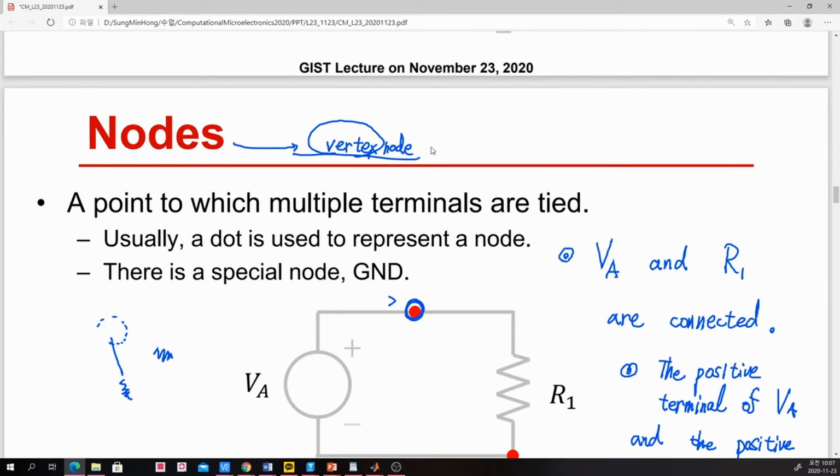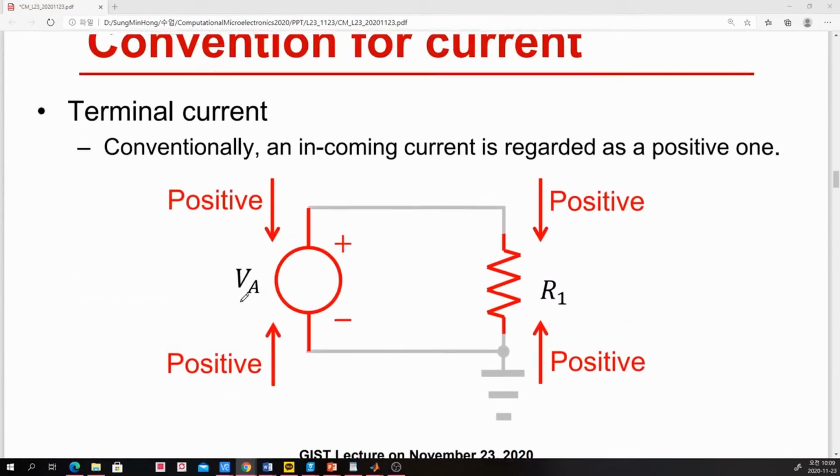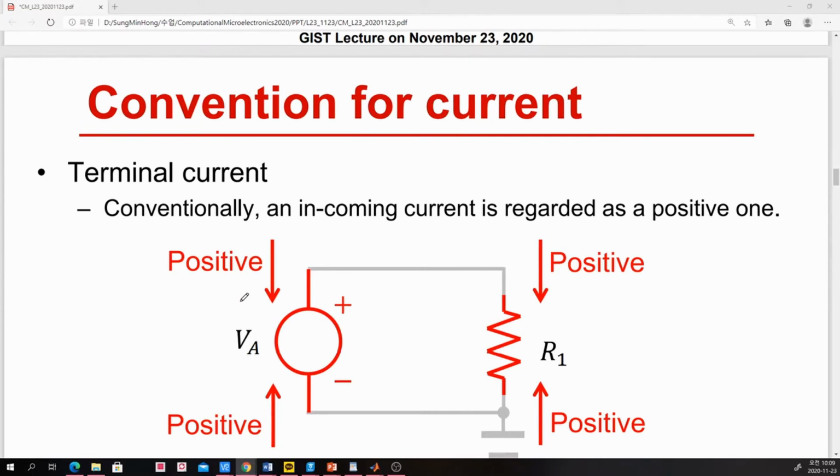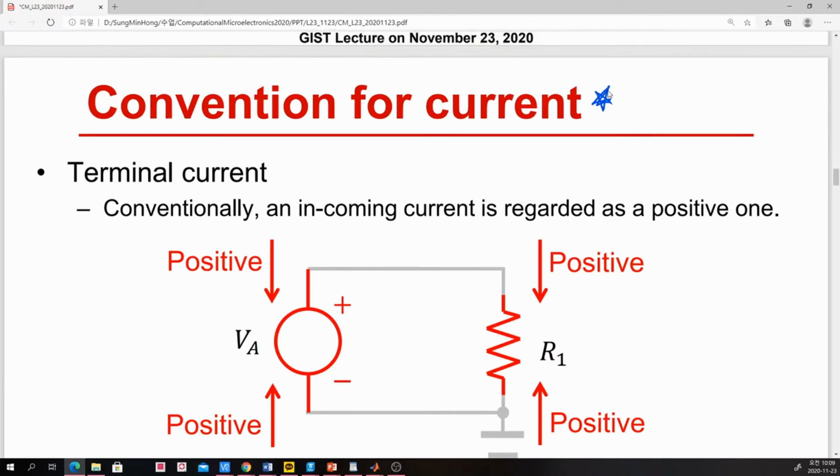I think that this concept is quite easy to understand, but anyway, we have clearly distinguished the circuit elements and their connection nodes. Okay. One thing we have to cover in this lecture is once again the convention for current, but that is hopefully already covered in our device simulation part.